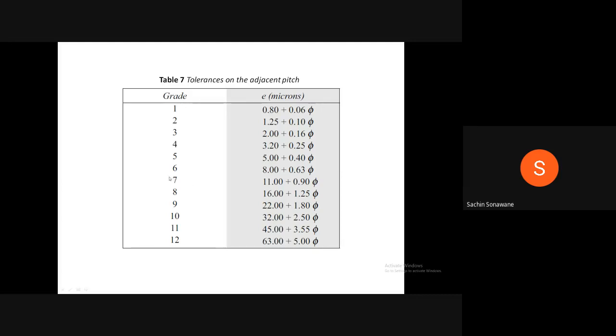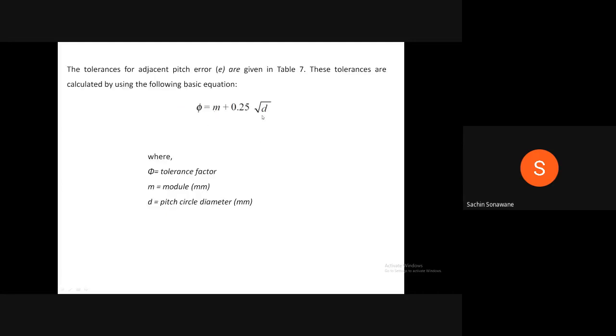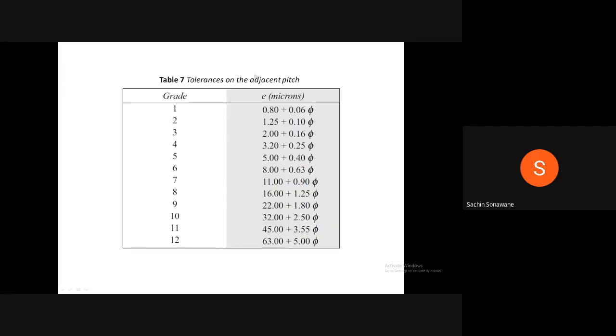Therefore, they have provided this equation. You can use E is equal to 11 plus 0.95 phi, and you have to substitute the value of phi here, that is, phi is equal to m plus 0.25 root d. Then we will get error in pinion, error in gear, and those two errors we have to add to get the final error E. Remember, this is the equation for E. For grade 10, 32 plus 2.55 phi.